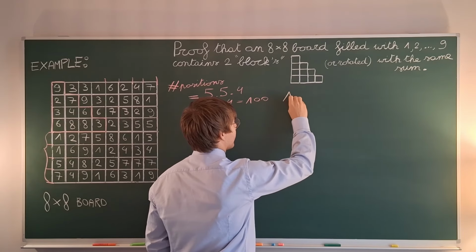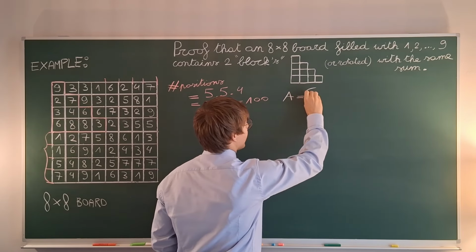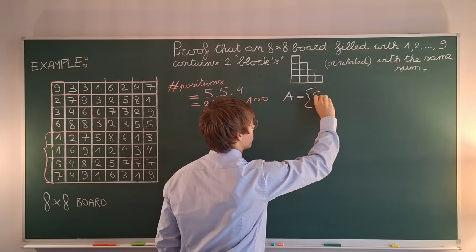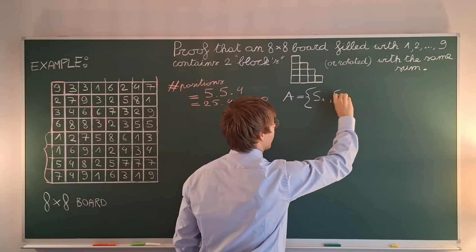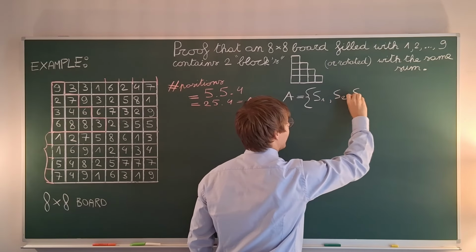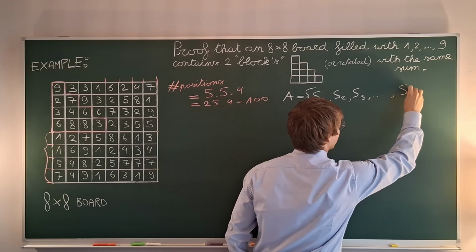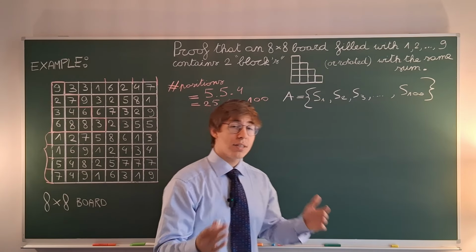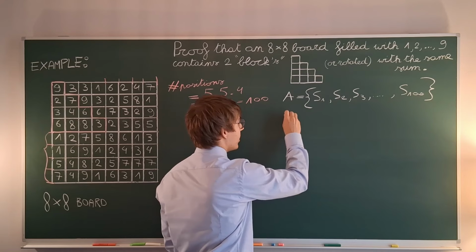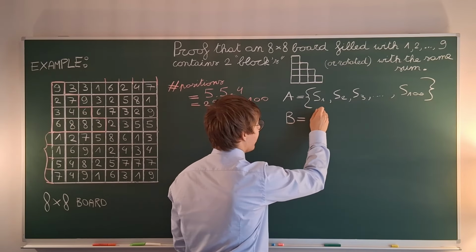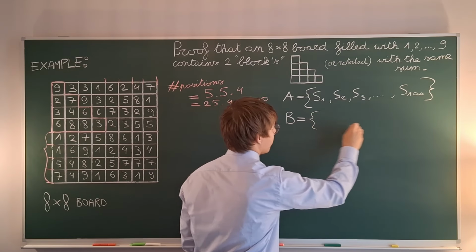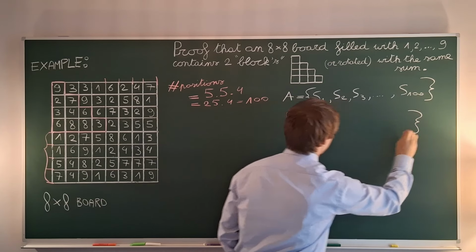So let's call that set A, which is a set with all these sums: S1, S2, S3, and so on until S100. And let's now call the set B a set of all possible values that this sum can take.